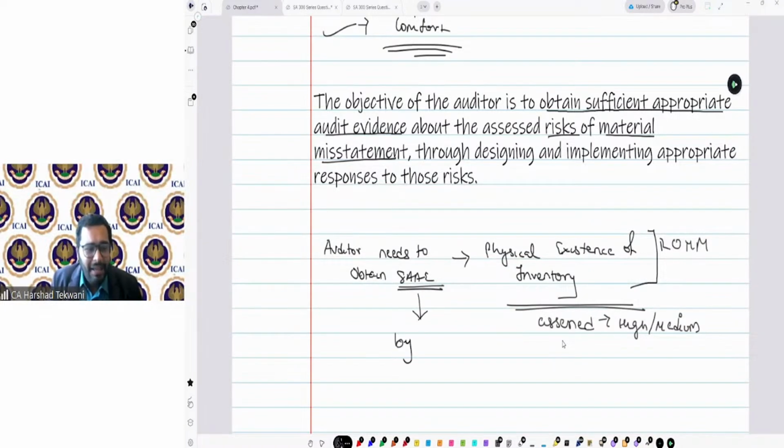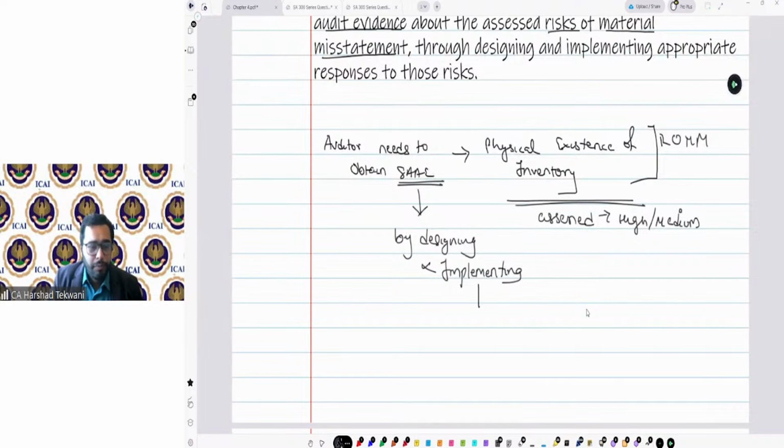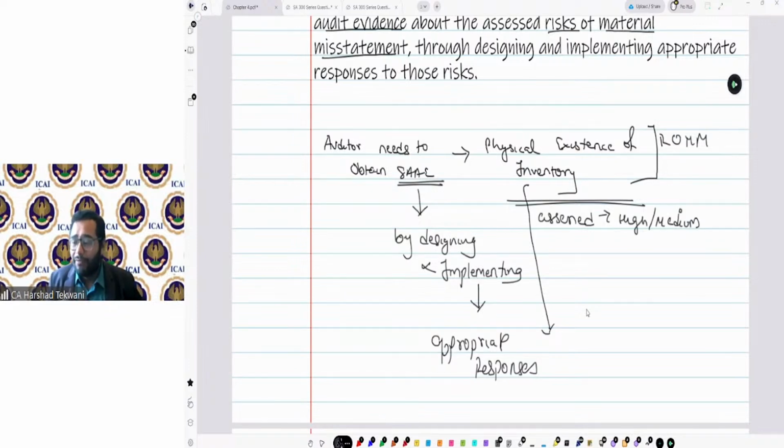By designing and implementing appropriate responses. The appropriate response for this risk, that physical existence of inventory is not there, could be a physical count.